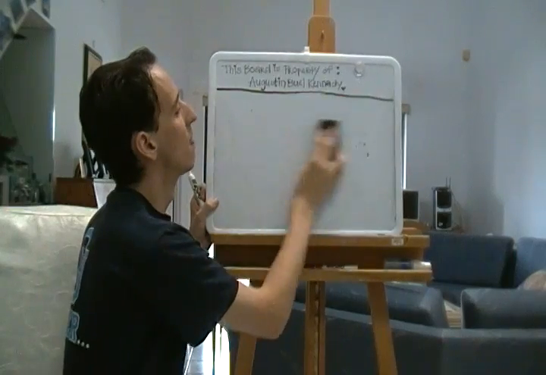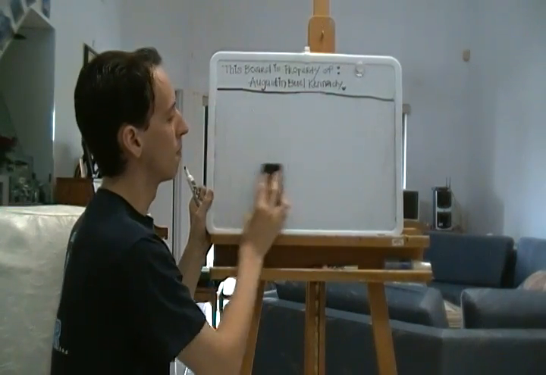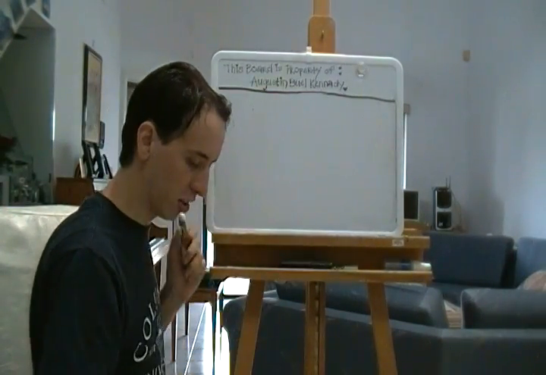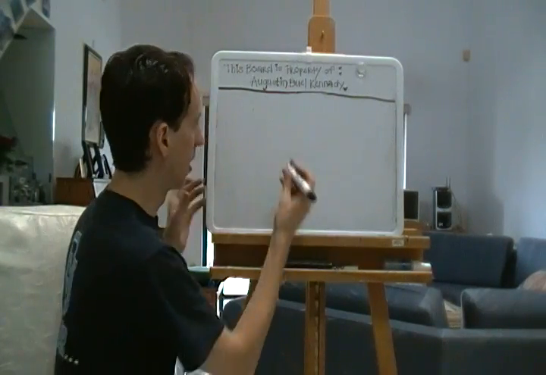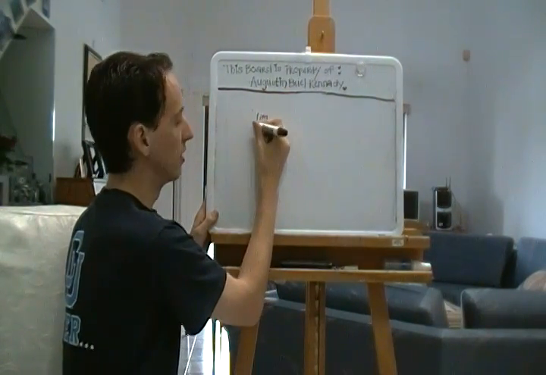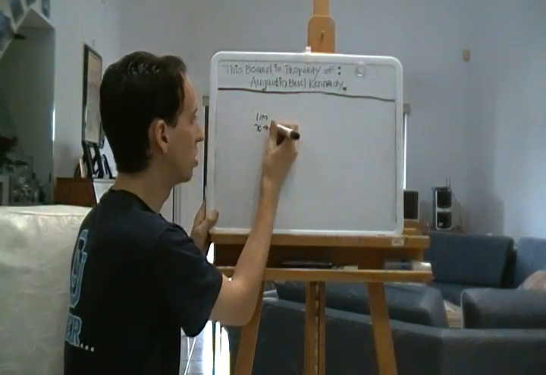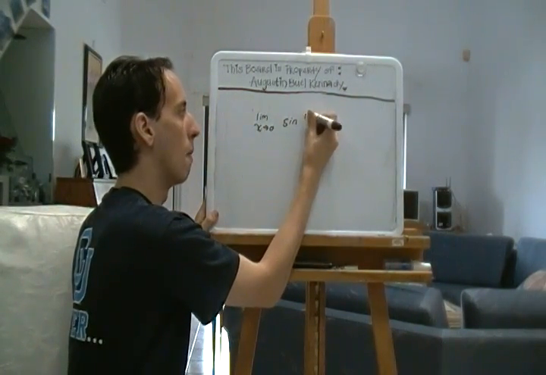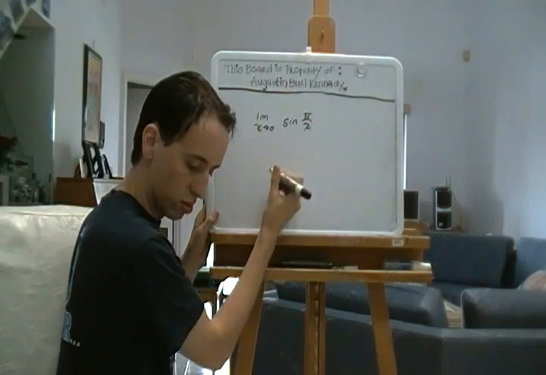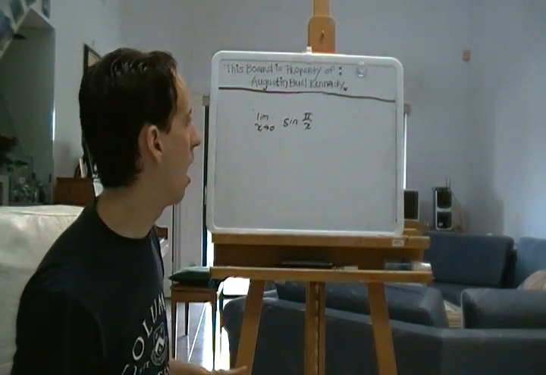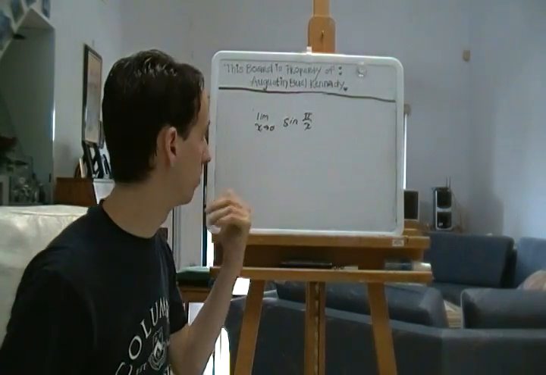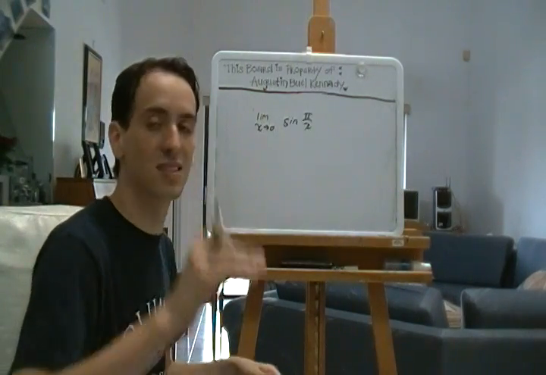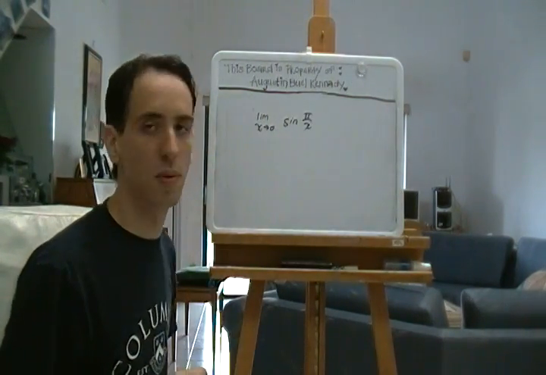So now, what we're going to do is look at another example. Let's look at this limit: the limit as x approaches 0 of sine pi over x. Now, we can guess from what we did last time, when we had sine x over x, that the limit might be 0.